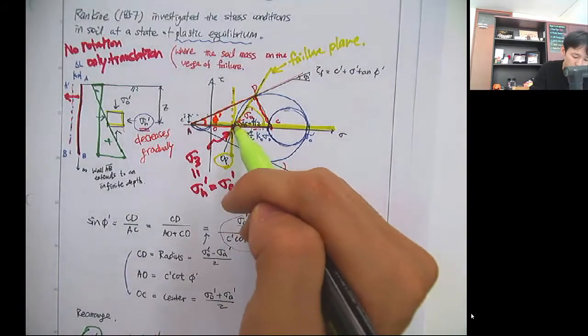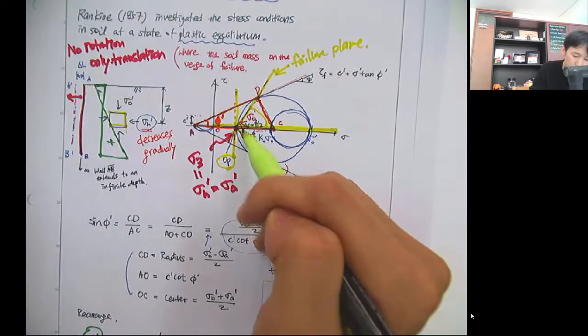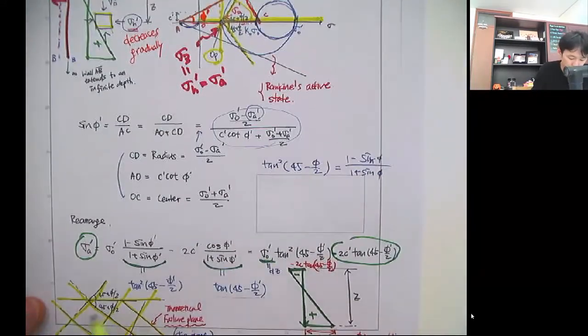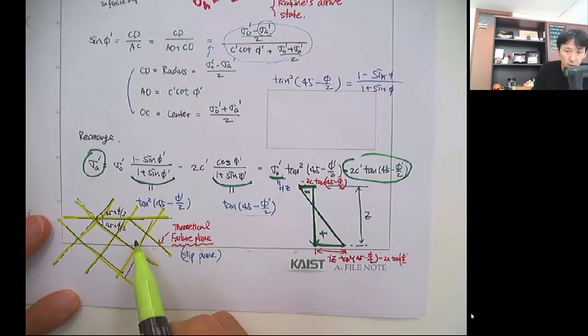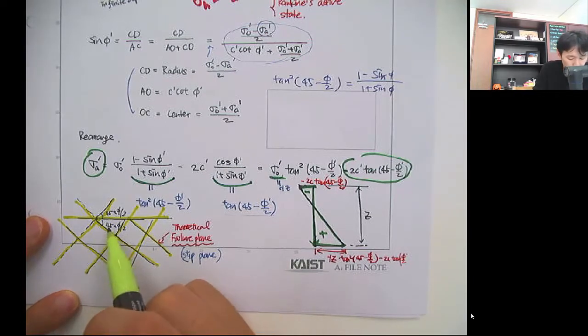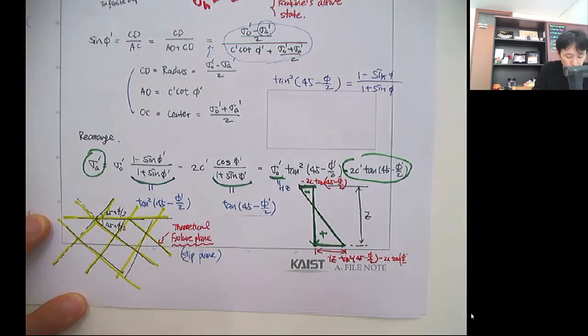So you can see that the theoretical failure plane is about 45 plus phi over 2 degrees from the major principal plane, which is the horizontal plane.